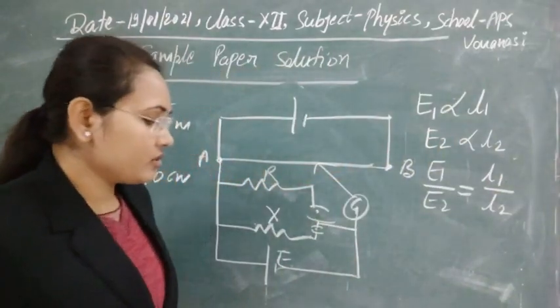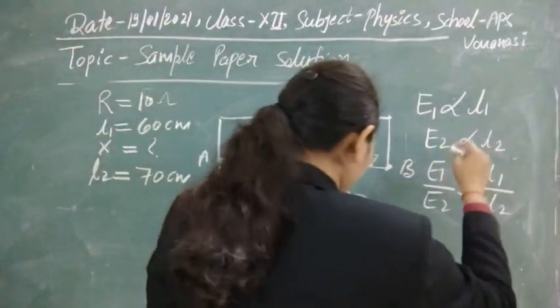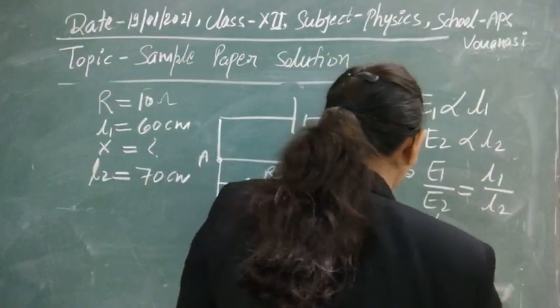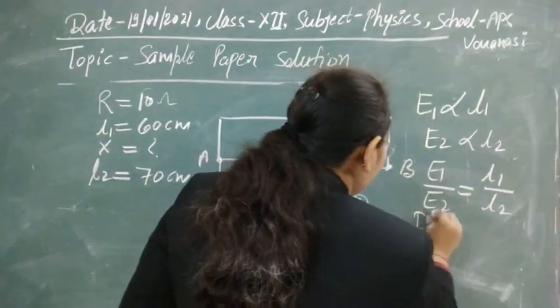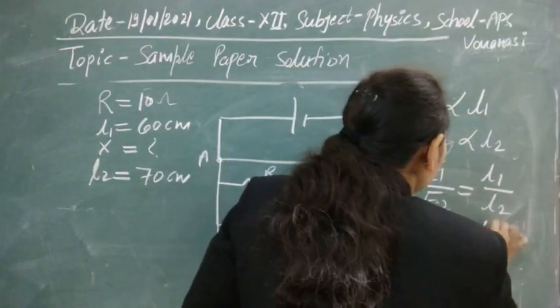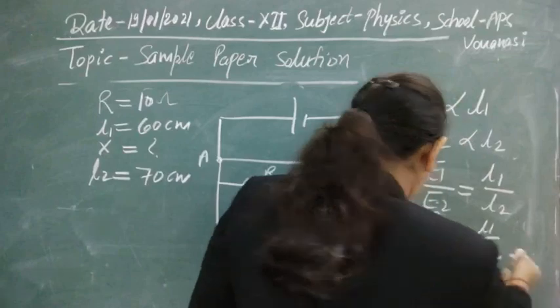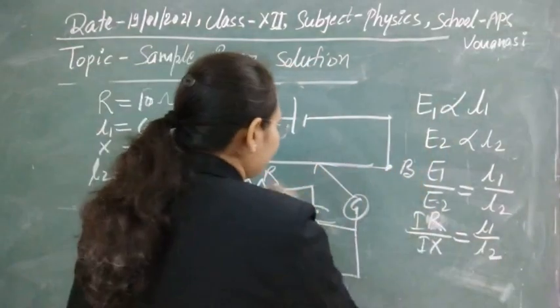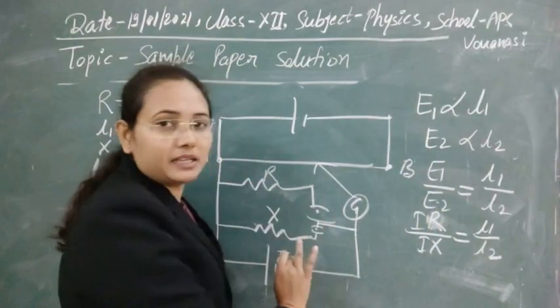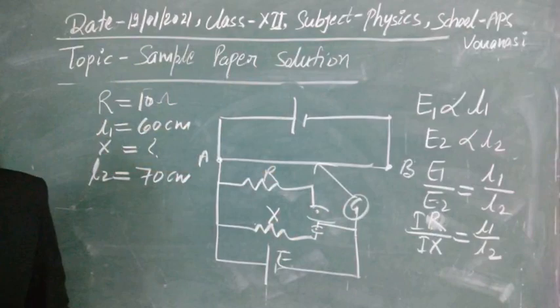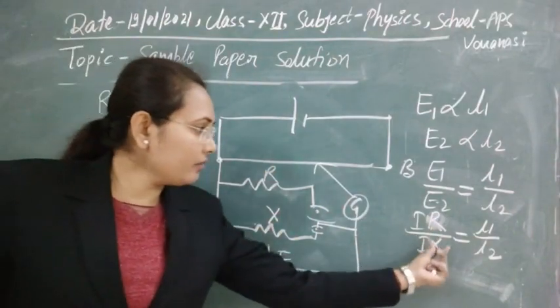And in place of E1 and E2, we can write IR upon IX, which will be equal to L1 upon L2. Clear? As the current in this same circuit is the same, obviously we can use it easily, and now we can solve it.